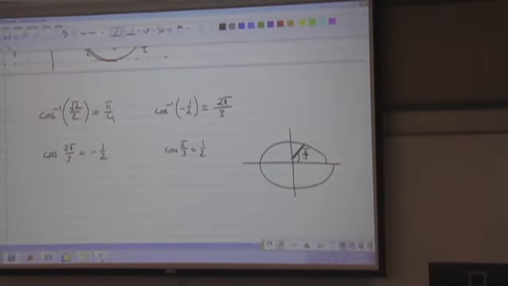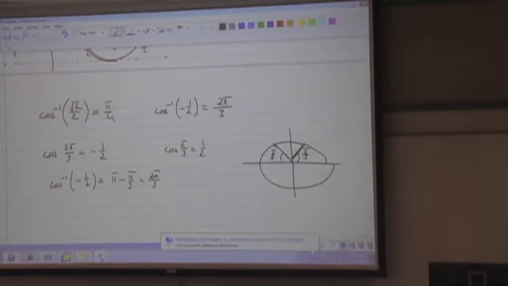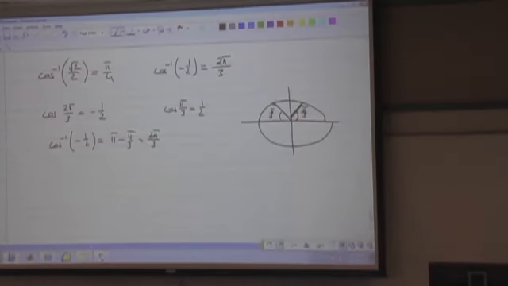If you reflect it over the y-axis, cosine inverse of minus 1/2 is pi minus pi over 3, which is 2 pi over 3. Does that make sense? Yeah? This is obviously not the only way you can think about things. As I said, when we looked at a review of trigonometric functions, I told you there's a variety of ways in which you can think about these things. Okay.